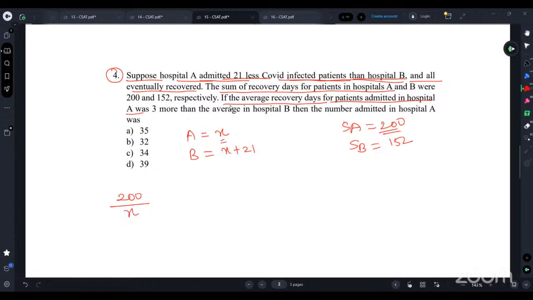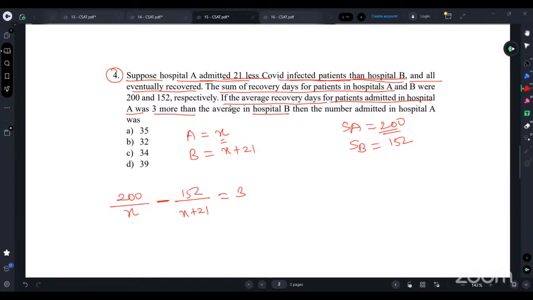This is 3 more than the average in hospital B. Hospital B's summation is 152, with x plus 21 patients, and the average is 3 less. So this difference will be basically 3.